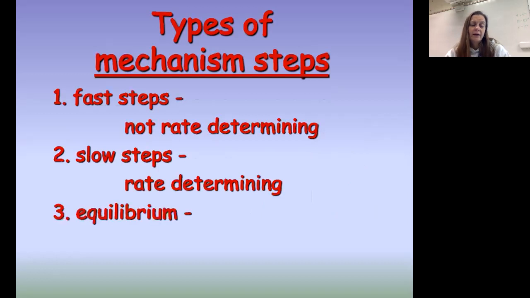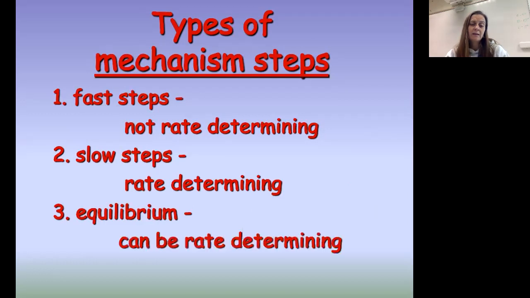And then we also can have equilibrium steps within a mechanism, and our equilibrium steps can sometimes be rate determining. So our rate determining step is either going to be a slow step or occasionally an equilibrium step.